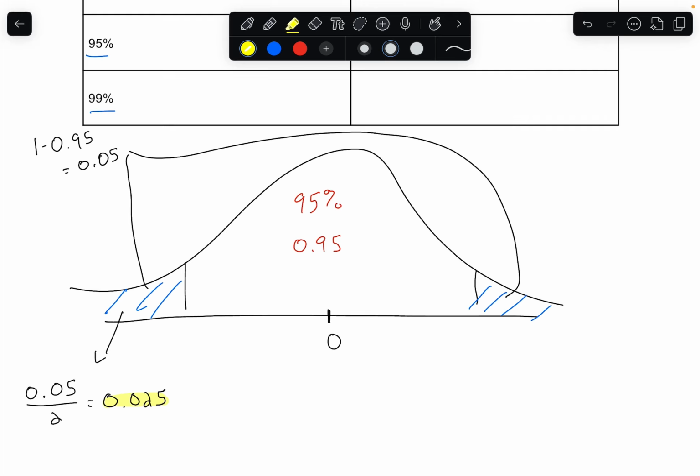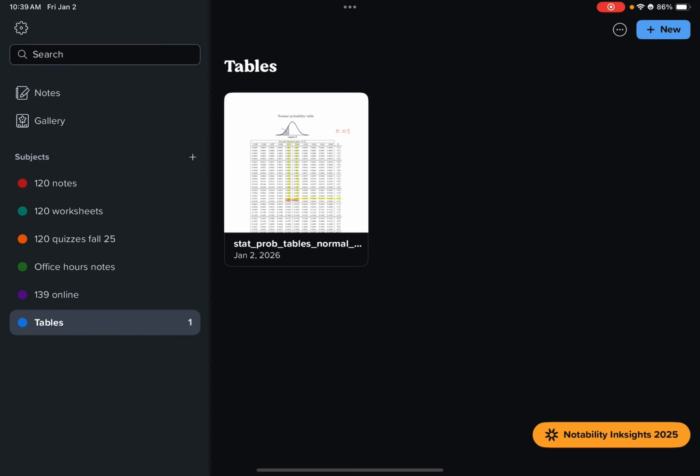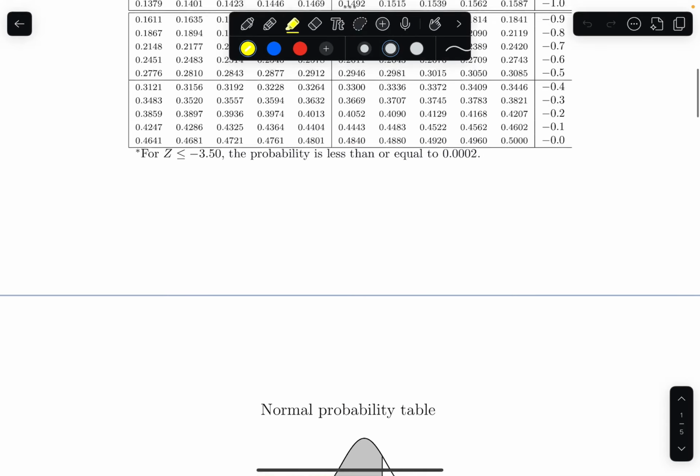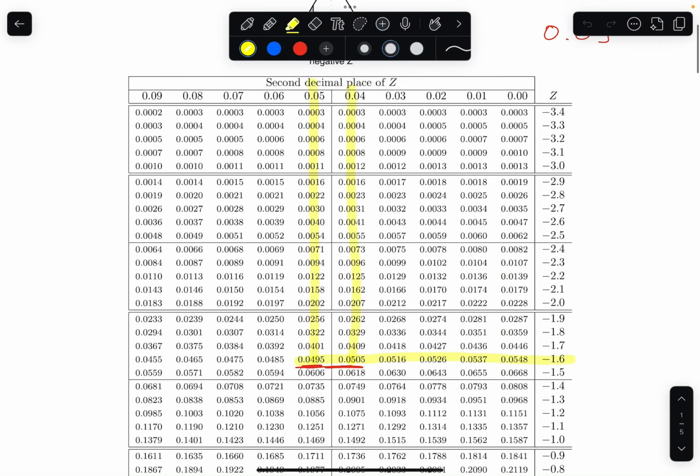And again, I'm trying to work my way backwards to find a z-score. So 0.025, hopping over to my tables. We're going to scroll up and look at this one here. We want 0.025. So here's 0.026, that's pretty close, not quite it, 0.0256.